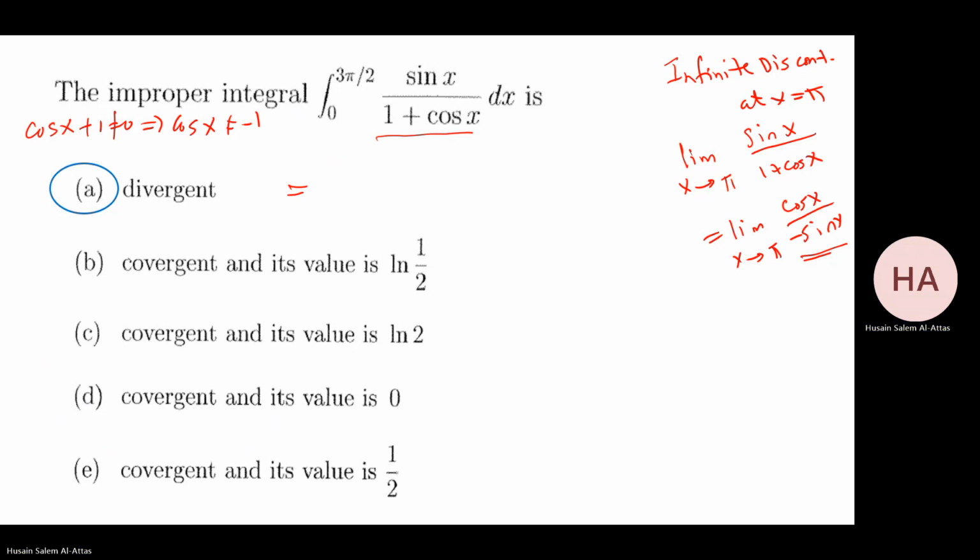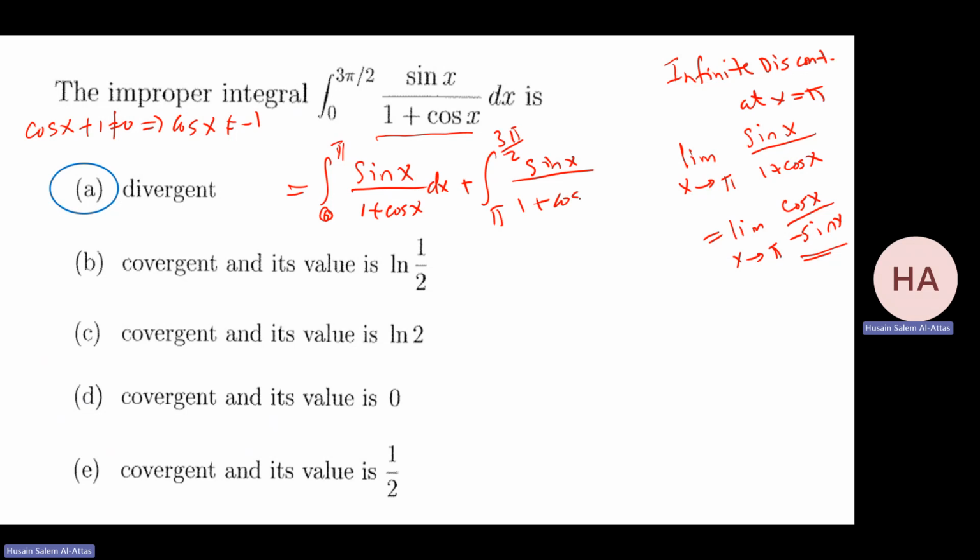Okay. So this one, I split it into 2 parts: the integral from 0 to pi of sine x over 1 plus cosine x dx, plus the integral from pi to 3 pi over 2 of sine x over 1 plus cosine x dx. Let me do one of them.